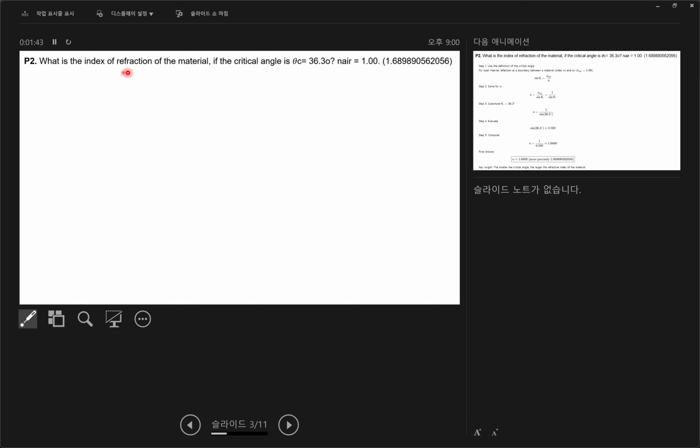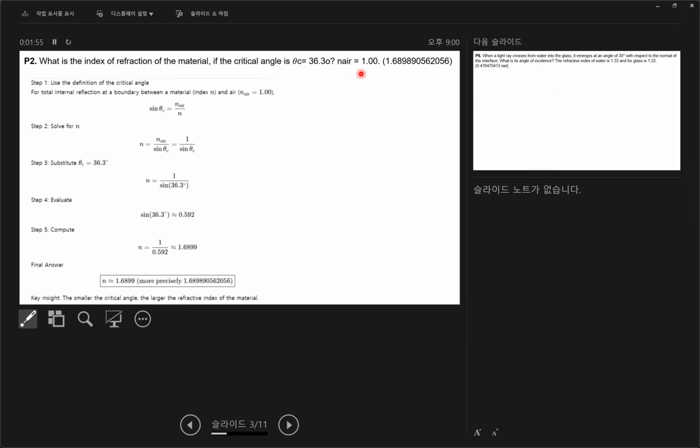And what is the index of refraction of a material if the critical angle is given by this number? So n air is this one. What you have to know is that sine theta c is given by this formula. Note that the refractive index of a medium should be larger than that of air, which is 1.